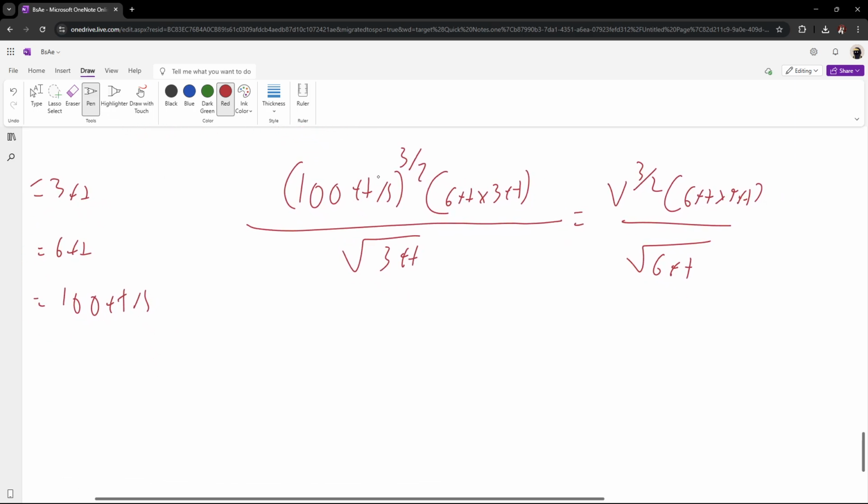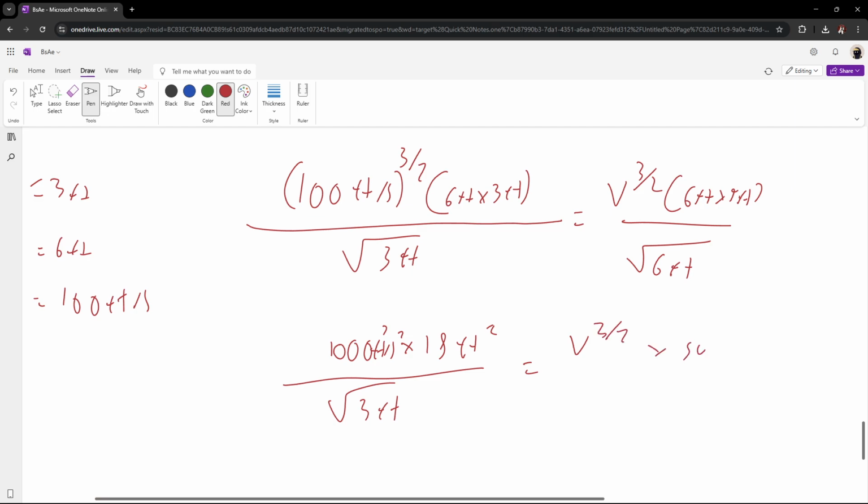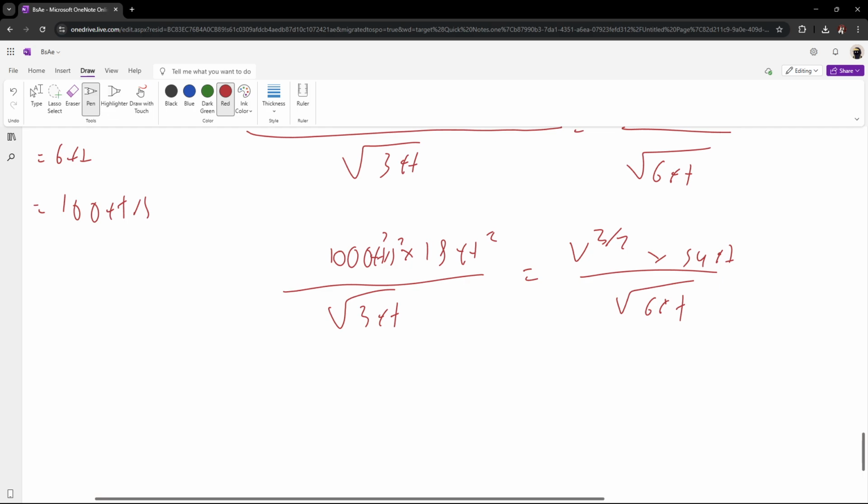Okay, so to simplify, 100 to the 3 over 2, 1000 multiplied by 18 foot per second squared divided by 3 foot is equals to V2 to the 3 over 2 multiplied by 54 foot over 6 foot. 18,000.